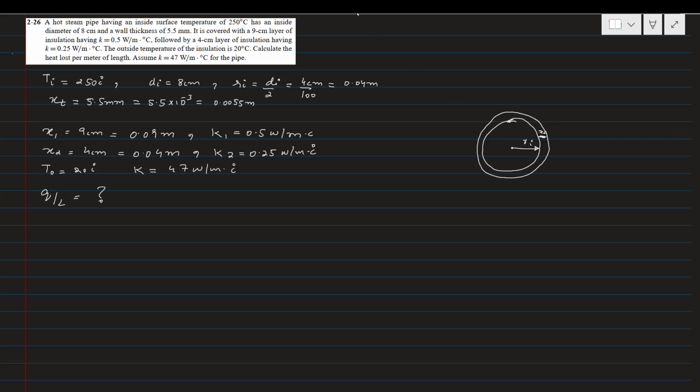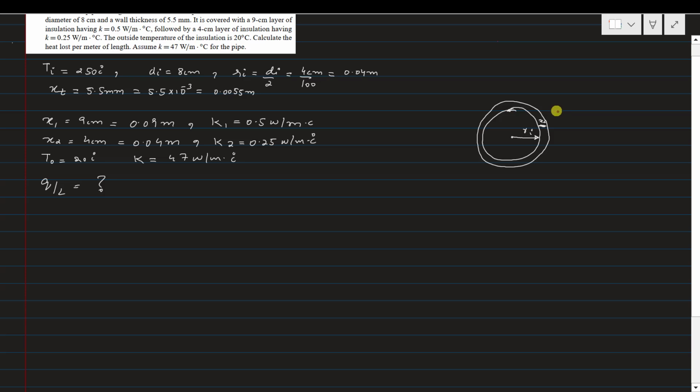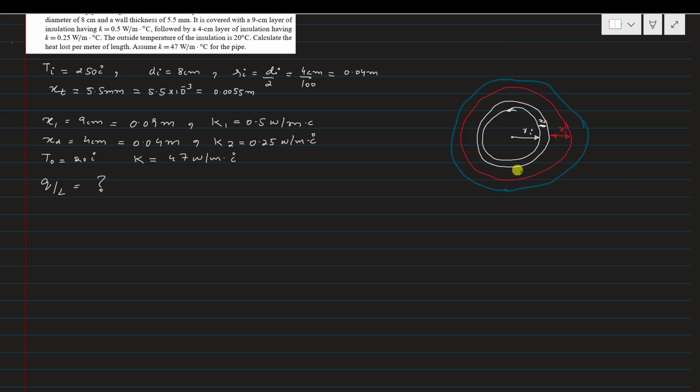Now a first layer of insulation is provided over this pipe, and then the thickness of the second insulation is, let's say, x2. So I hope you understand how many insulation layers are provided over this pipe.